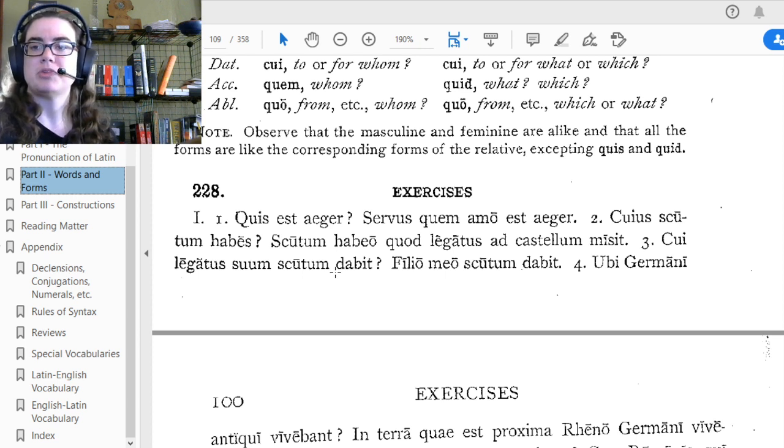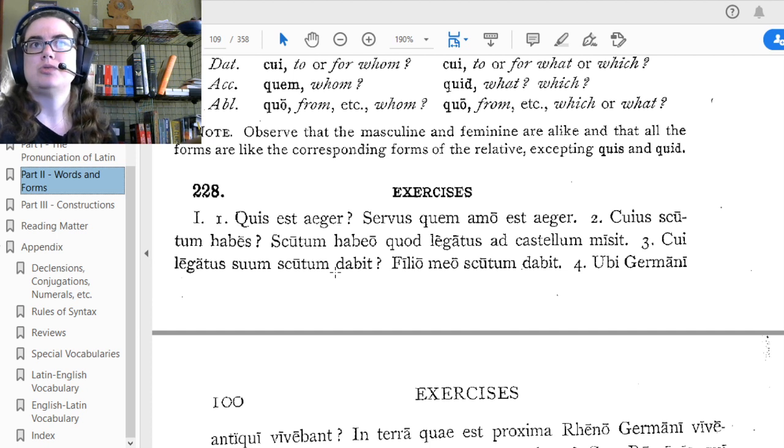So, quem, the relative pronoun, answers the question of the interrogative. It has its own verb, amo. In terms of sentence structure, it's very common for the relative pronoun to set up the clause and the verb to end the clause, and you'll have any other word in between those two.